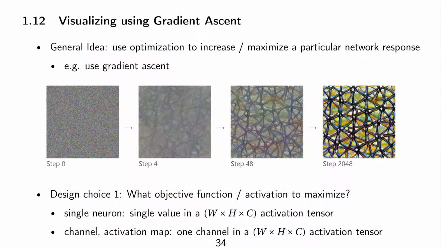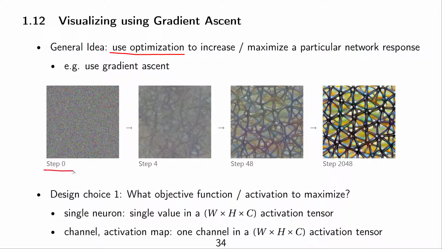Now we go back to the idea that we briefly mentioned in the beginning of this lecture, that is visualization using optimization. The general idea is we want to use optimization to maximize a particular network response. For example, we could use gradient ascent. This is an iterative algorithm.